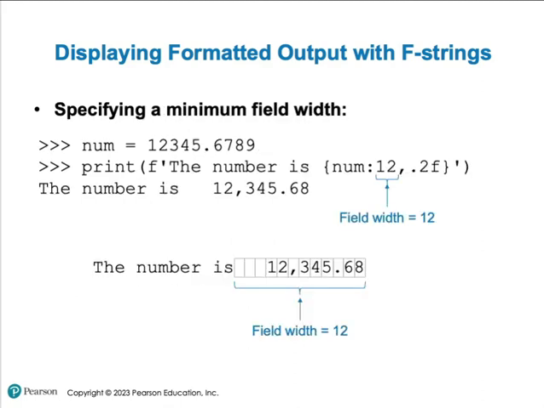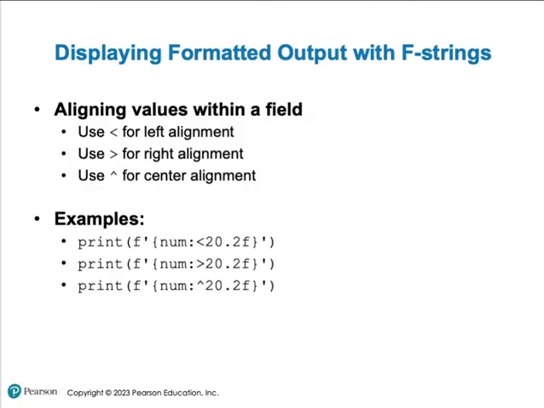Here is putting in a field width that specifies the total output area that you have, and that you want 2 places behind the decimal point. So that's kind of like the example I talked about before. You can use left alignment, which you might use for strings.